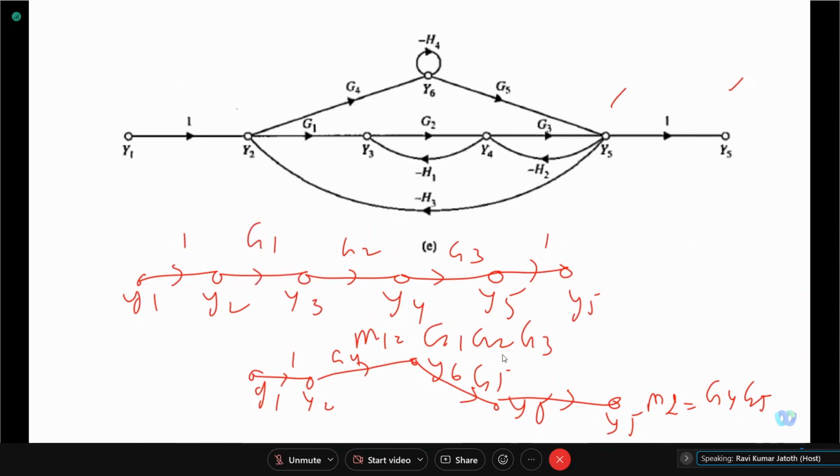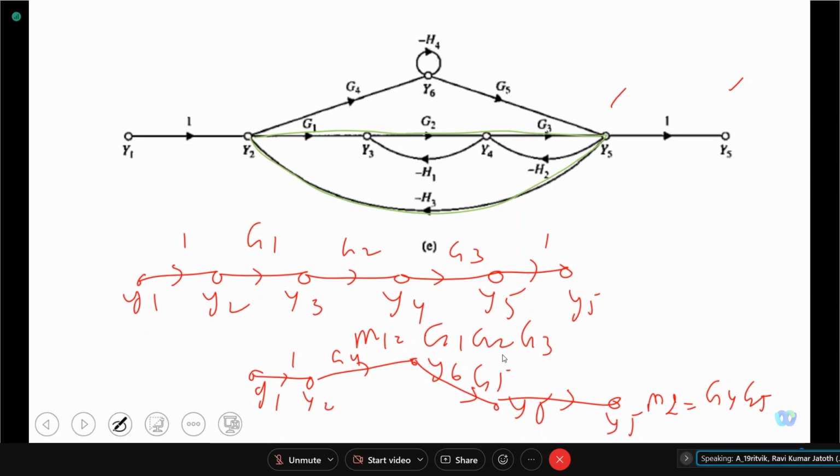Right. So now let us take this. First loop is Y2, Y3, Y4, Y5, Y2. This is one loop. Okay. Yes, sir.